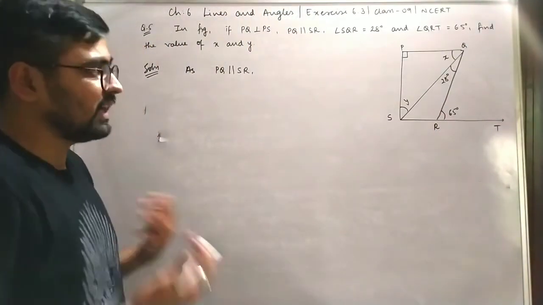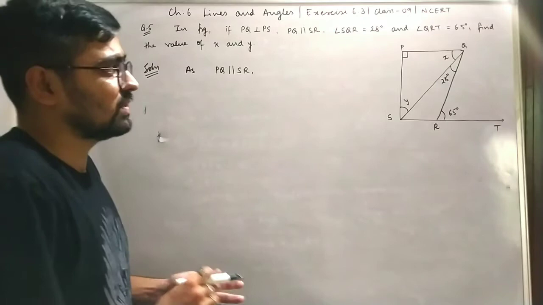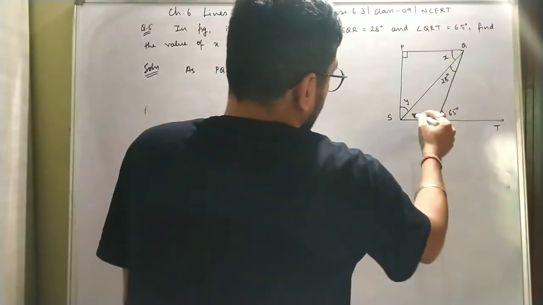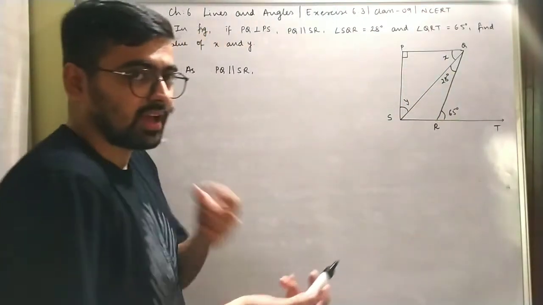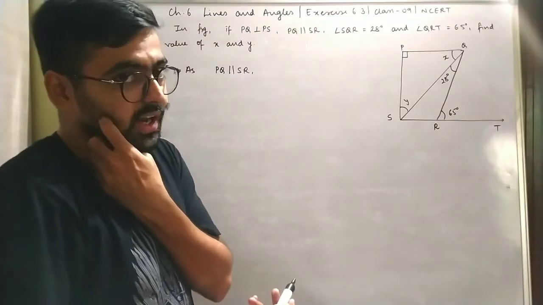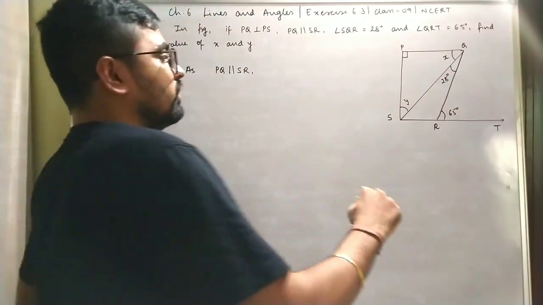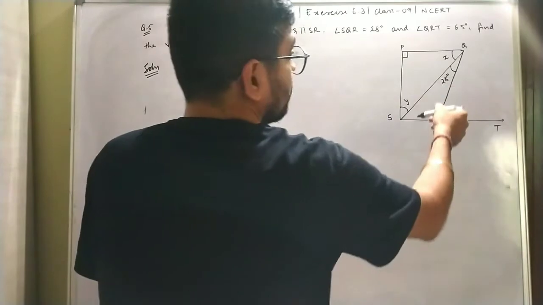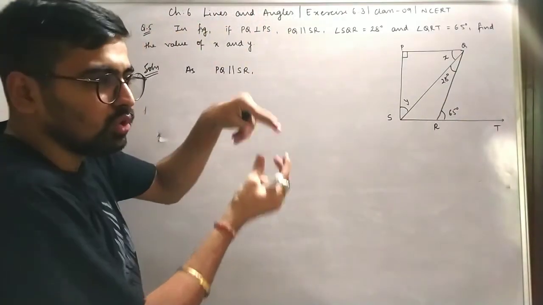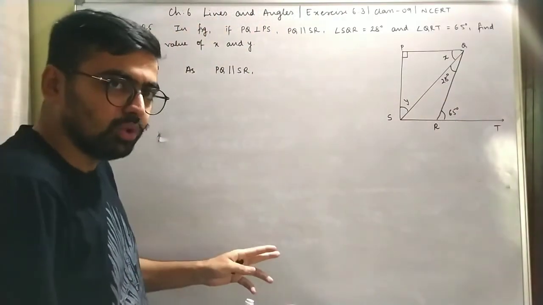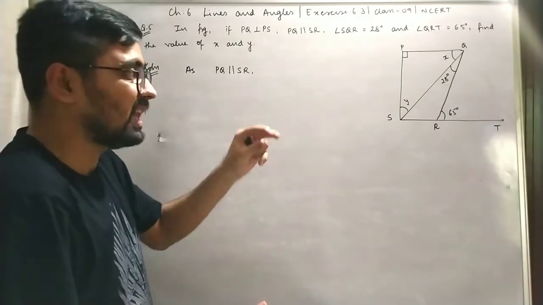But what happens if I consider QS as a transversal? Then this angle will simply be x, because alternate angles are equal. Then you have to go for the fact that the exterior angle is equal to the sum of these two. So the sum makes it two steps lengthier. You can do that, but it will be twice, two steps lengthier.